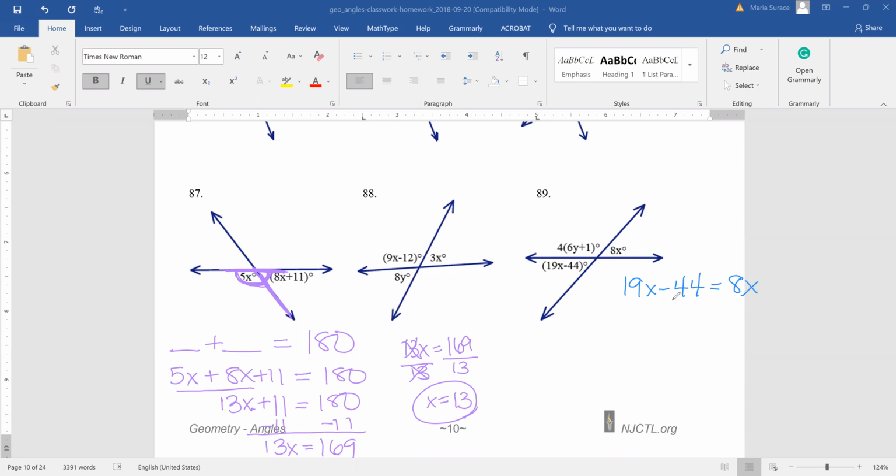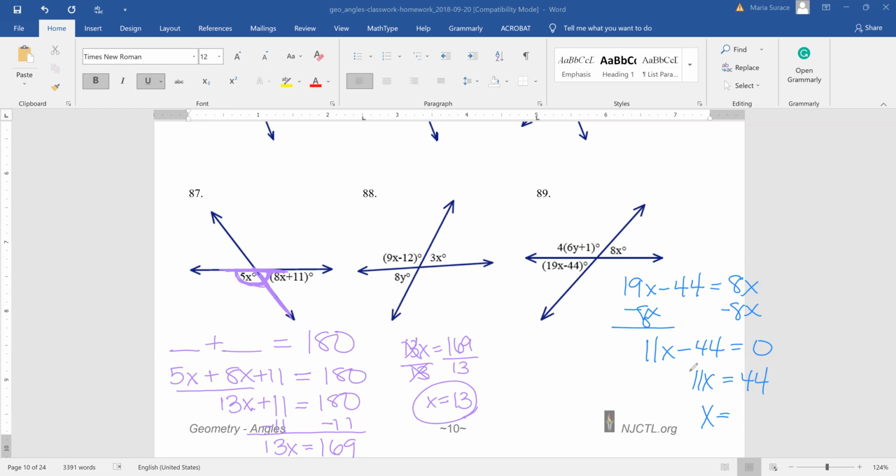That means I'm going to now solve for x, minus 8x from both sides. That's going to give me 11x minus 44 equals 0. And then I can add 44 to both sides, which will give me 11x equals 44.